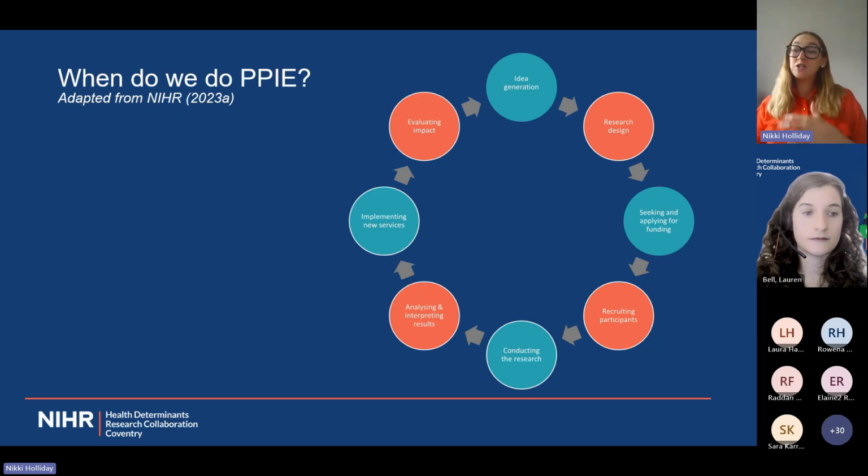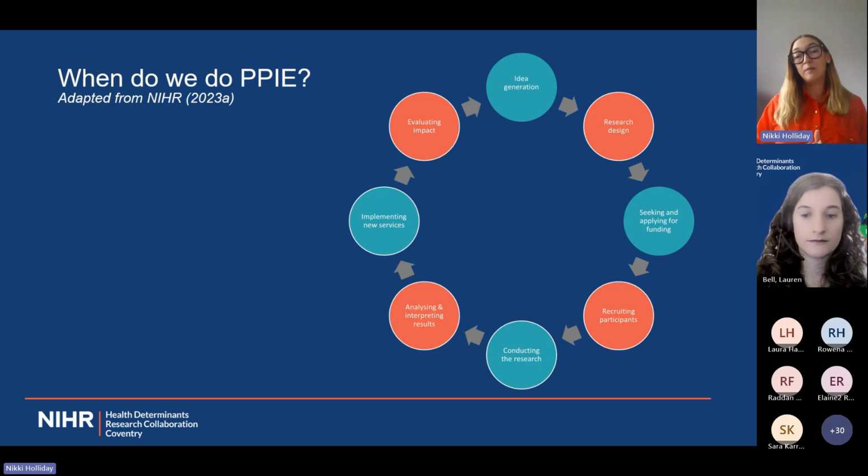We can also involve them when we're actually conducting the research. In some of the projects I've had, we have PPIE members actually sitting in our research management boards and going with us right through the research journey. So if we have a problem in the research, we can get the public point of view on how we solve that problem and move forward.